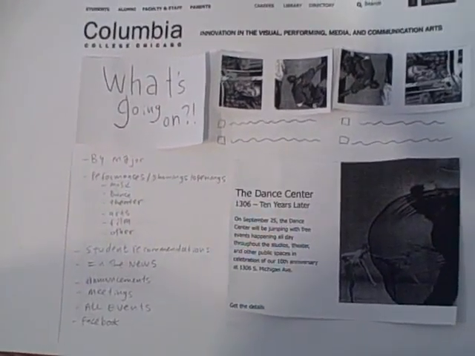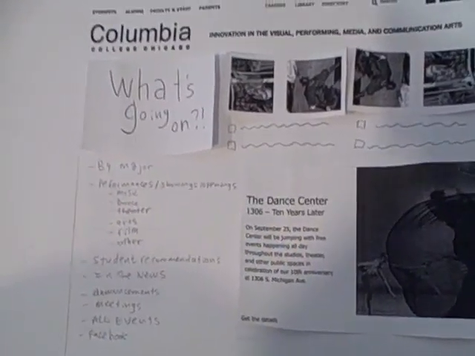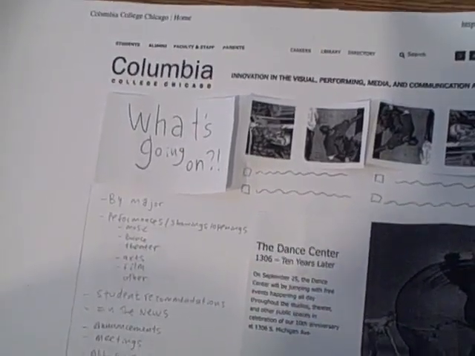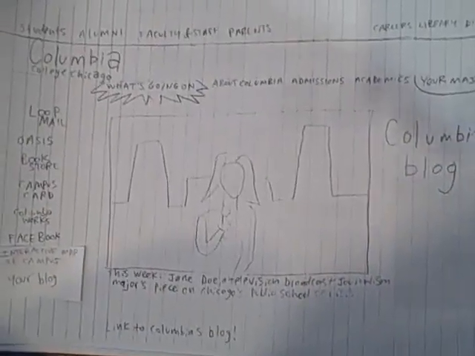Does that seem like something you might check out, Shannon? Yeah, definitely. Okay. So the next thing I wanted to focus on was looking up things by your major. So if we were back on the home page here, you'd go to your major. All right.